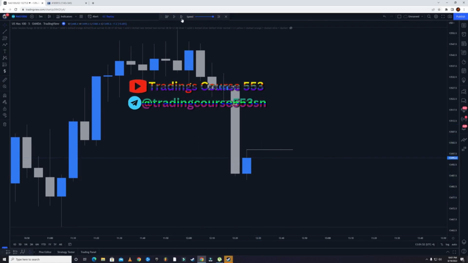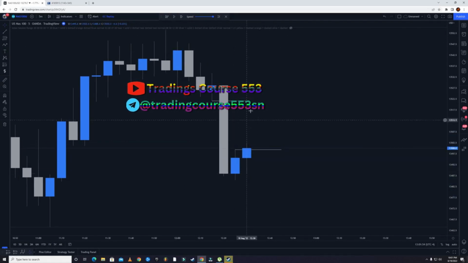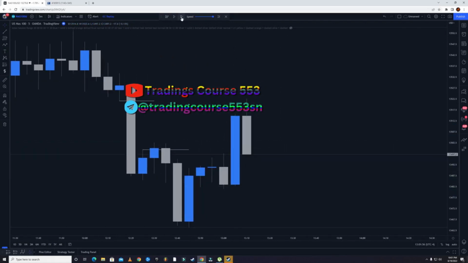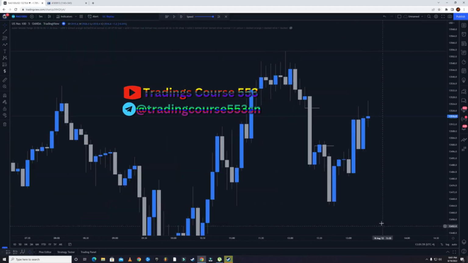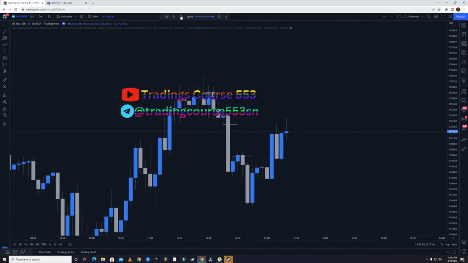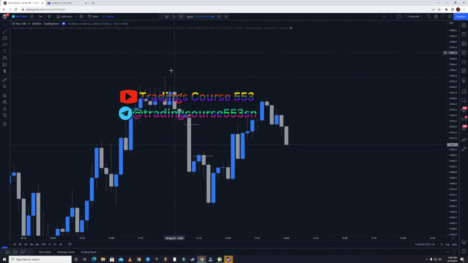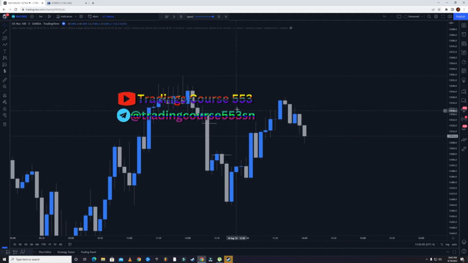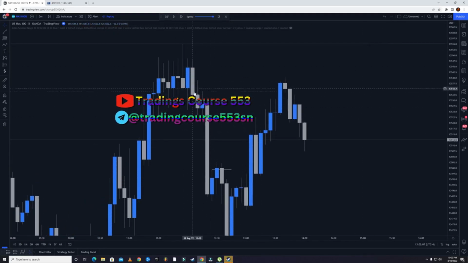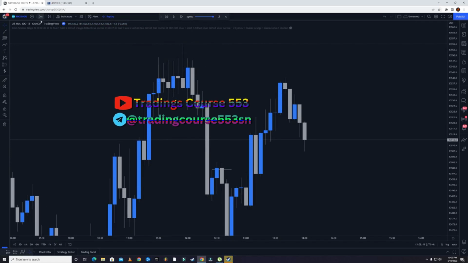So let's see what happens. Price fills the imbalance and then it drops down. Very simple, guys. Price goes up a bit, fills all the imbalance here, and there should be some imbalance on a smaller time frame.